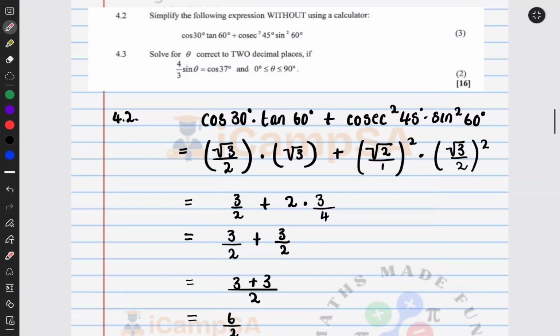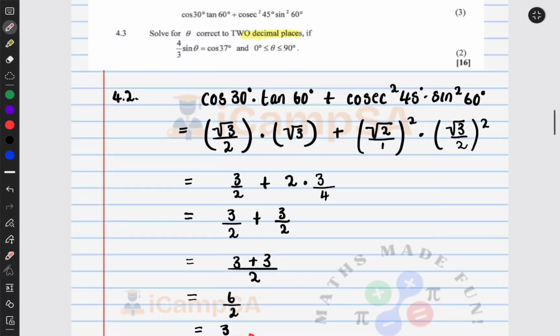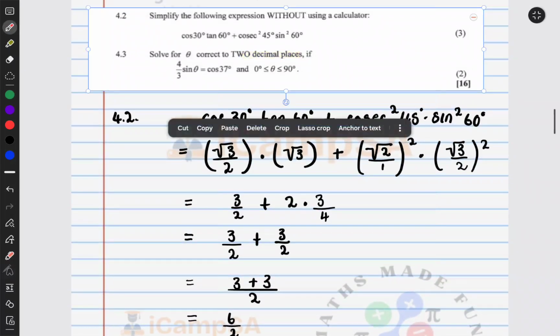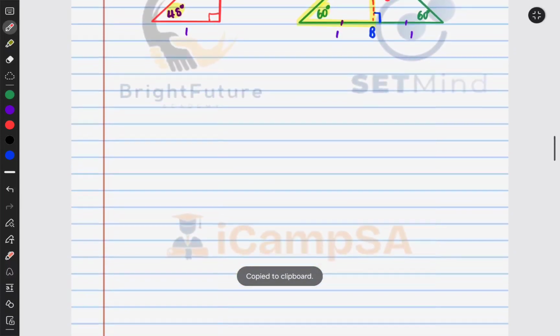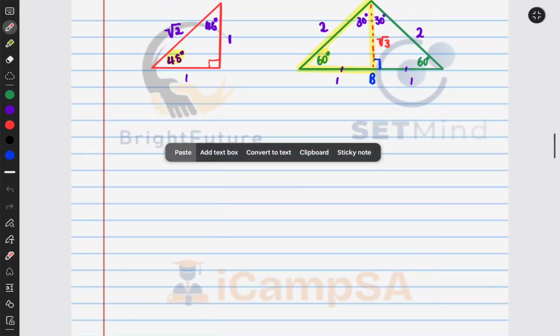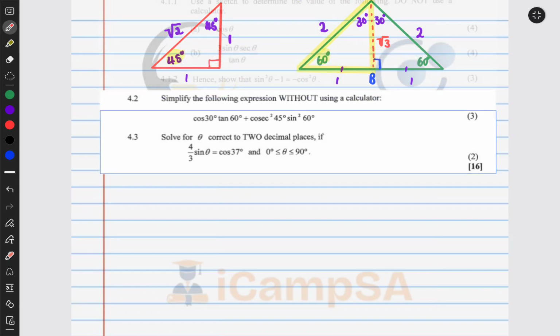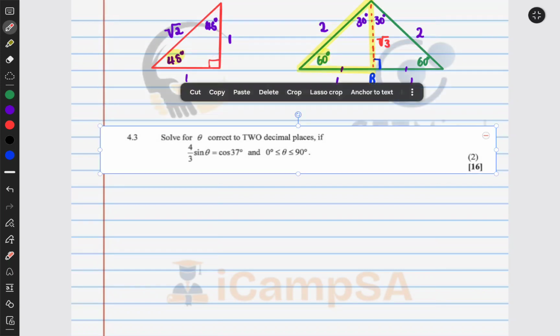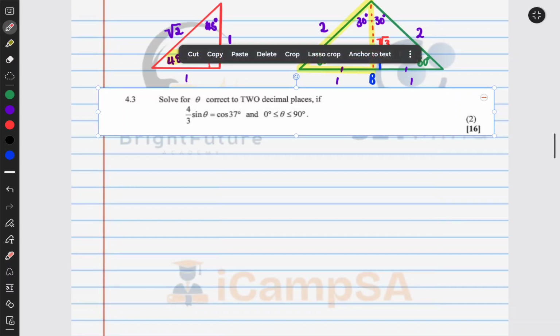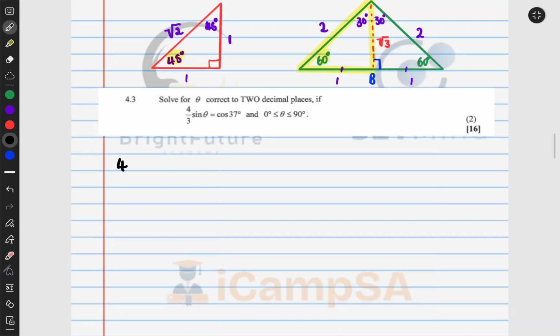And then for 4.3, solve for theta correct to 2 decimal places if 4/3 sine theta is equal to cos 37 degrees. Once they tell you correct to 2 decimal places, just know that you'll have to use your calculator.